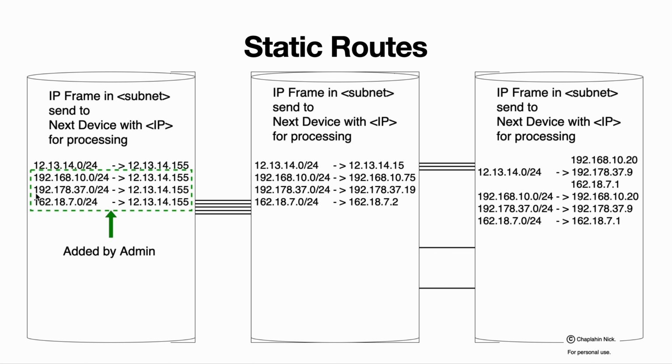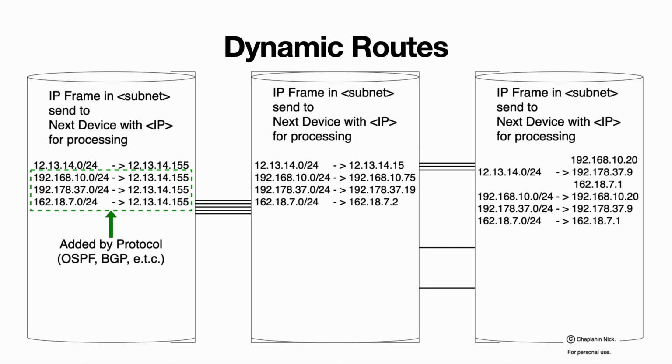If those routes through the middle device to the right one were added by an administrator using some UI, those are static routes. If they were added as a result of the work of dynamic routing protocols, those are dynamic routes.